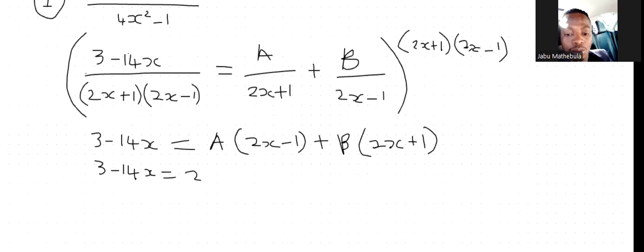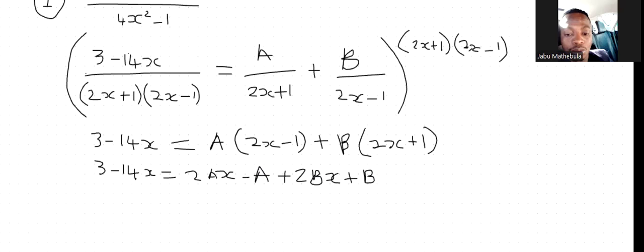A times negative 1 is negative a. Plus b times 2x is 2bx. B times 1 is b. Right? Yeah, that's it.